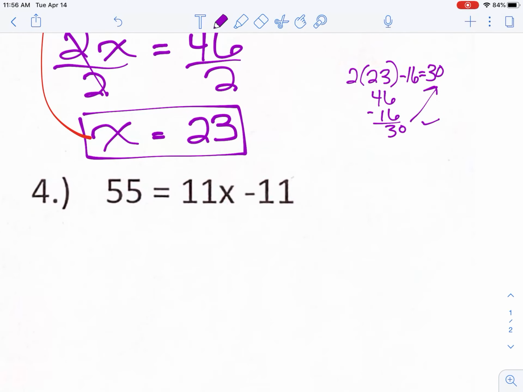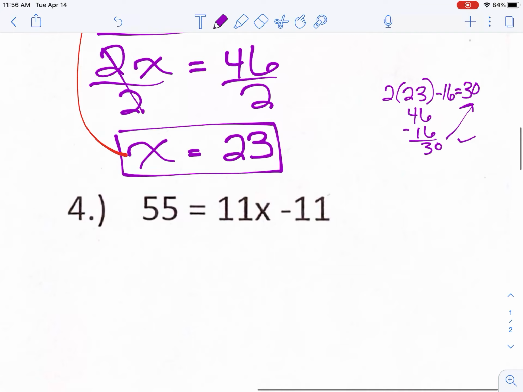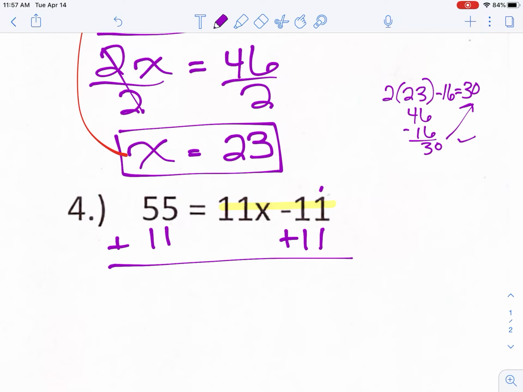Number 4, this one again is written kind of backwards, but that's fine. Again, we're going to start over here on the right. So it says 11x minus 11. We're going to undo addition or subtraction first, so we'll do the inverse and add 11 to both sides. Negative 11 plus 11 is 0, leaving me with 11x.